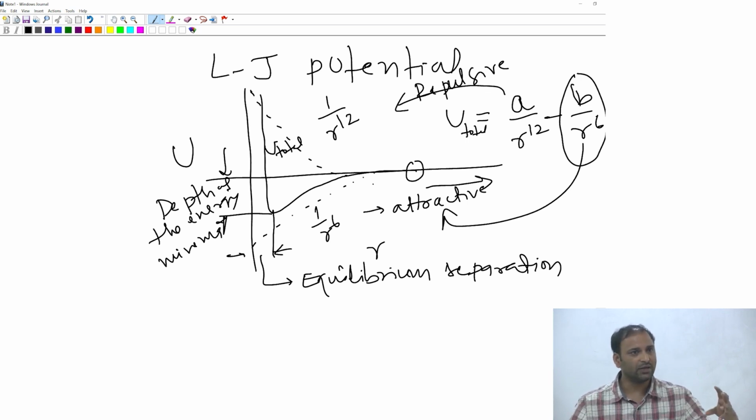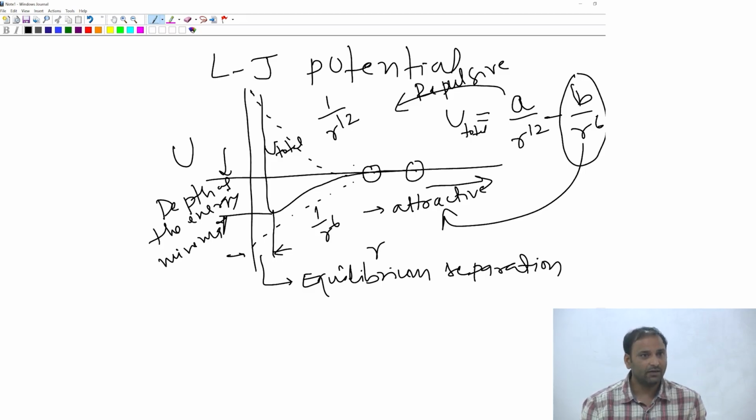The moment I start bringing them together, you can see that the particles start feeling the attraction first. The curve below this horizontal line starts becoming non-zero first. Therefore I can say that in this case attractive forces are long range compared to the repulsive forces.